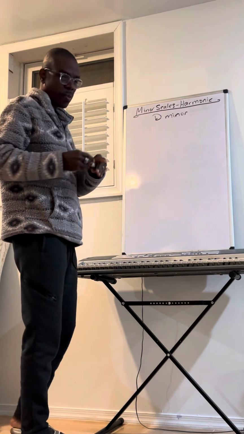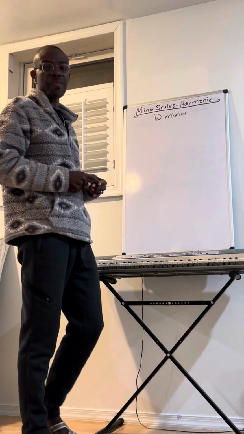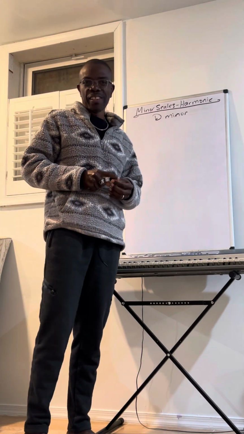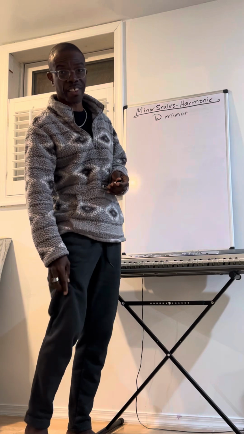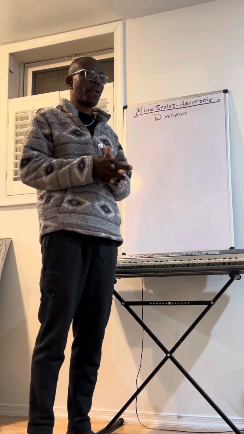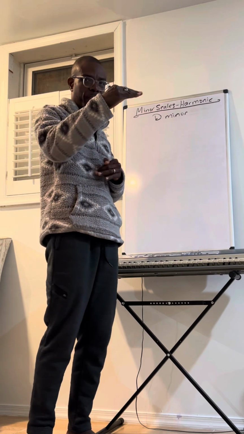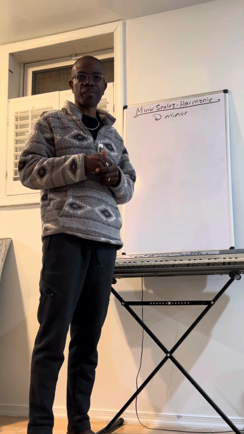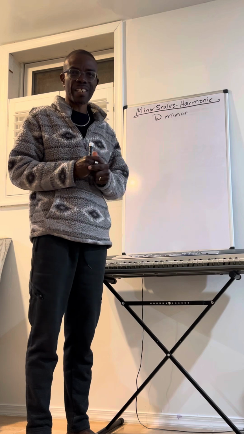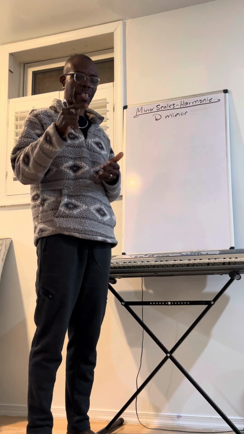Right, so the first thing we do is to find the major scale that D minor is related to, and to do that we count 3 notes up, 3 letters starting from D. That gives you, and we go alphabetically of course, that gives you what?